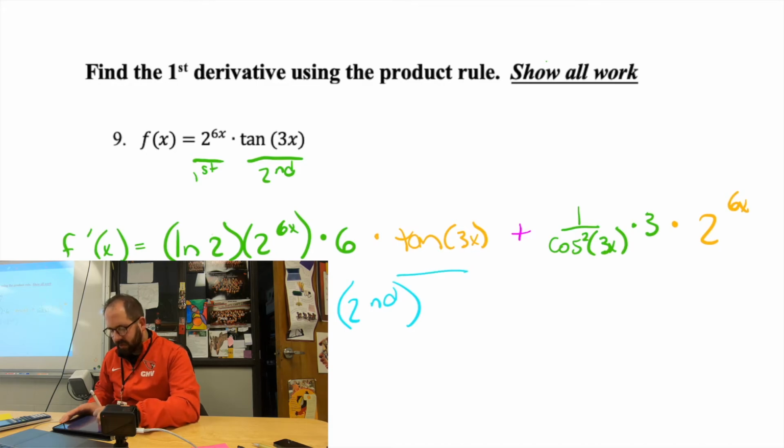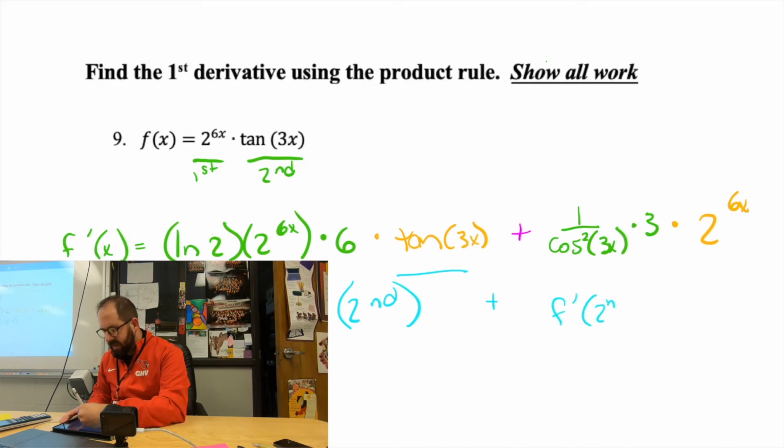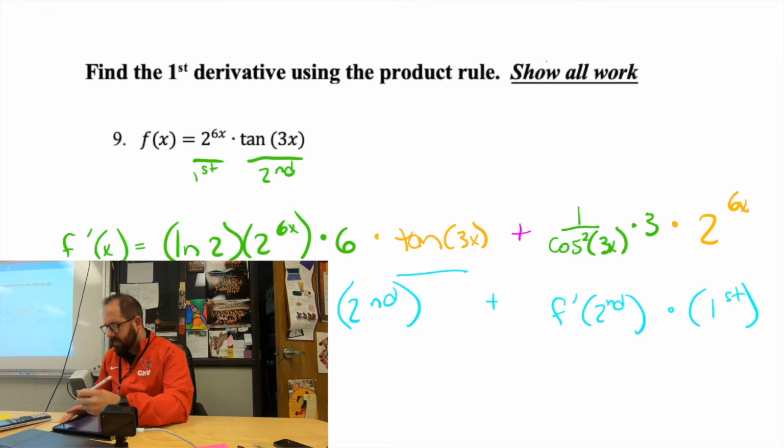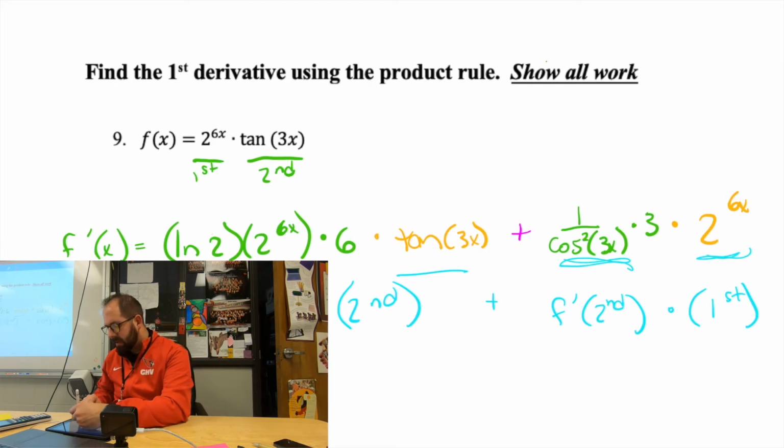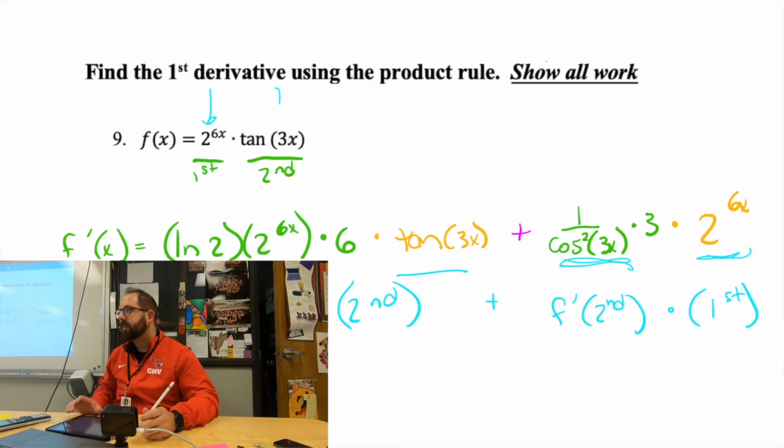So derivative of the first times the second, plus the derivative of the second item times the first. Why do you have the 6x at the very end? Because that was the first item. The derivative of the second item is this part times the first item.